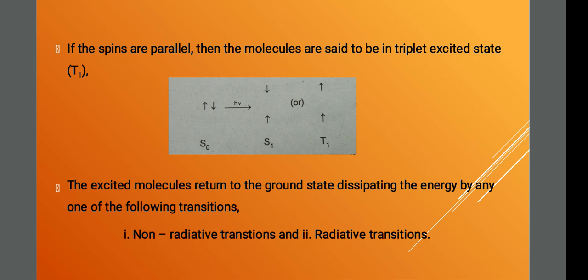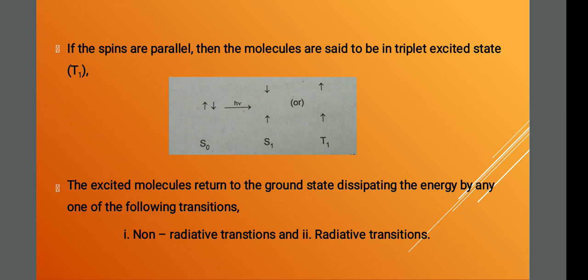And if the spins are parallel, then the molecule is said to be in the triplet excited state. If both are opposite, we call it a singlet excited state. I think this diagram will be clear. First, both spins are opposite, one upward and one downward. When light passes, both will be anti-parallel, which is the singlet excited state. If both are parallel, we call it the triplet excited state.